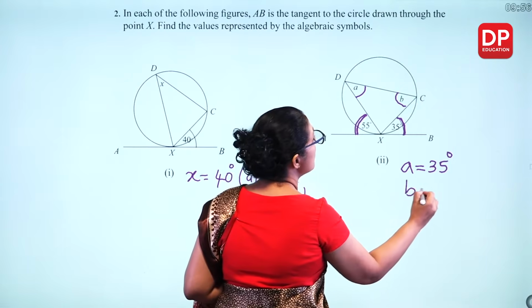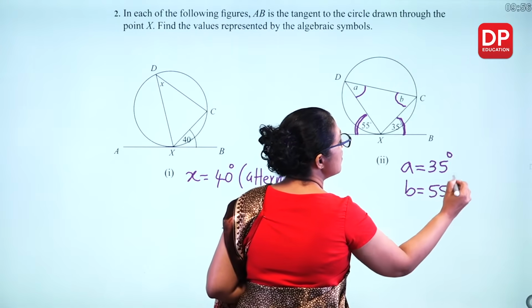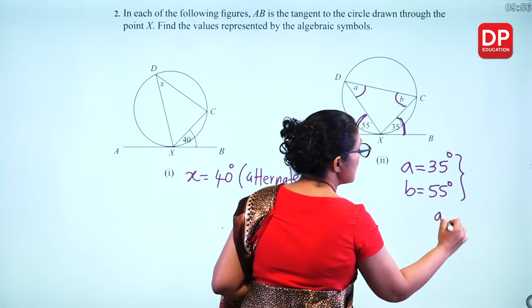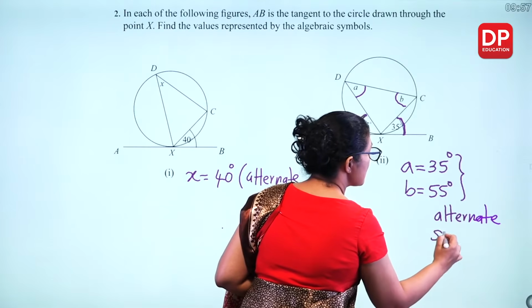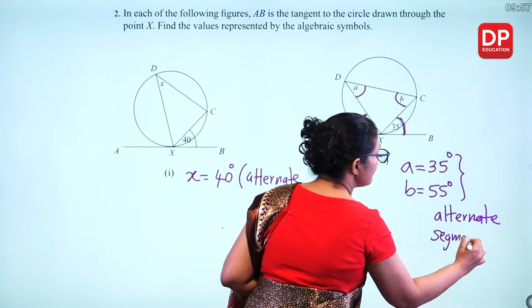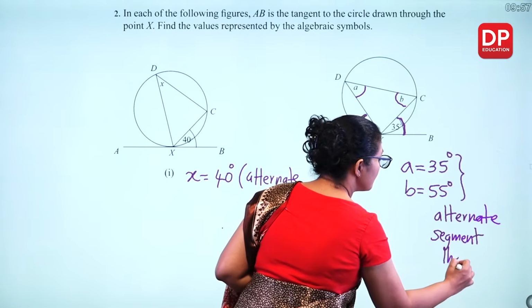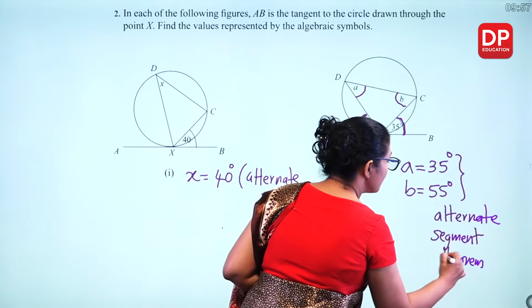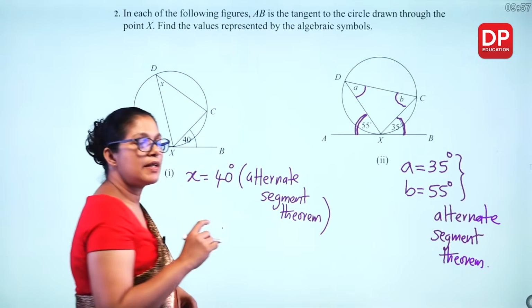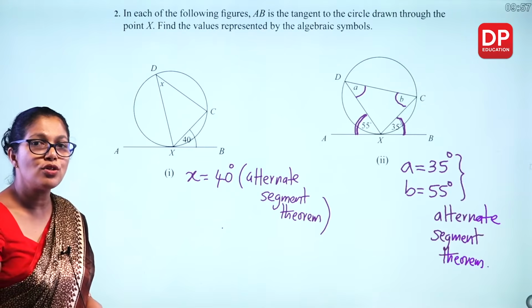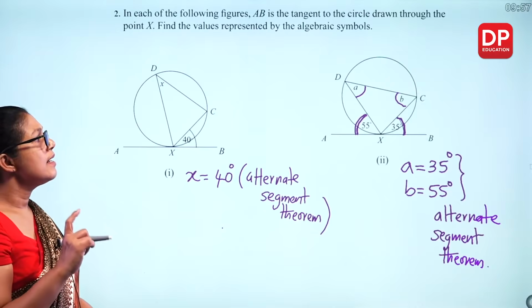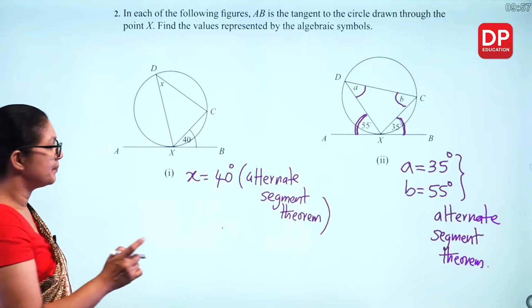So B equals 55, both because of alternate segment theorem. So remember alternate segment theorem, angle between the chord and the tangent is equal to the angle in the alternate segment.